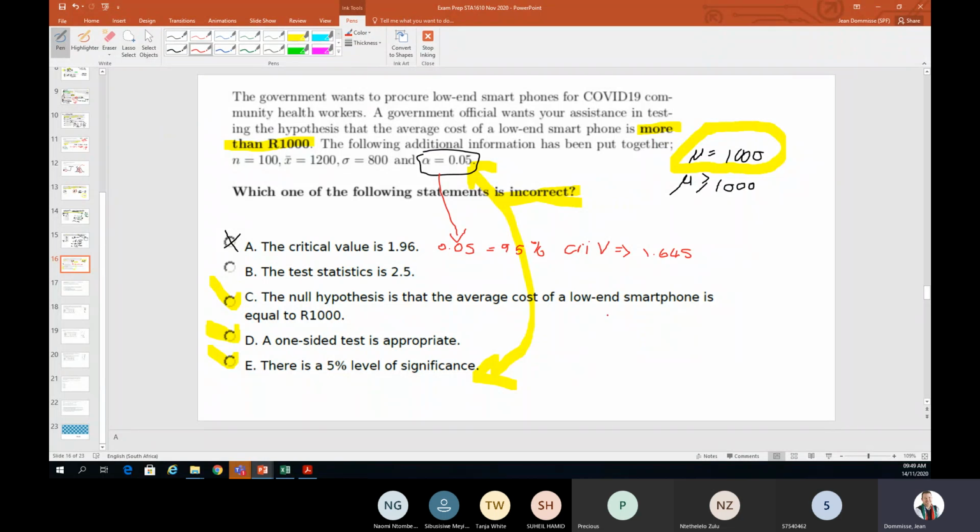Okay, so the t-statistic is where z is equal to x minus mu, like we would have done in some of the previous work.